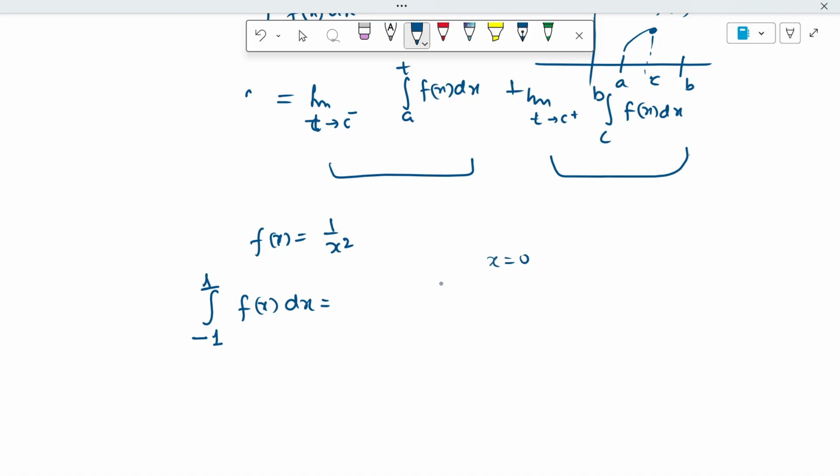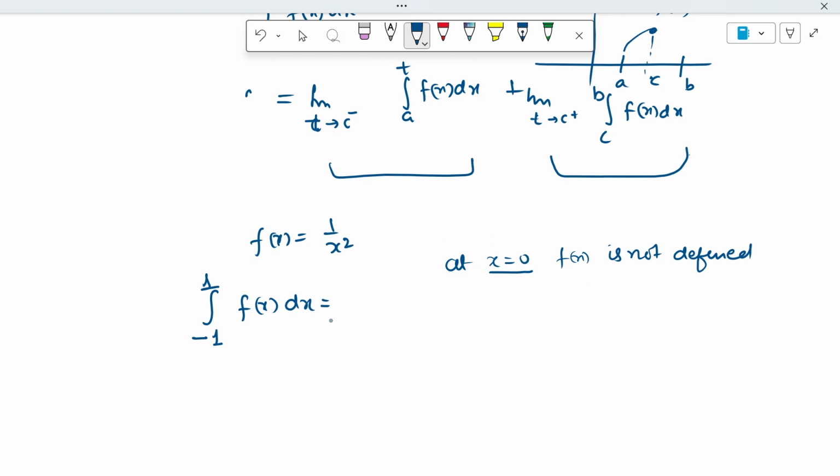Basically at x equal to 0 this f(x) is not defined. Okay, so this is the category, and this 0 value, means x equal to 0, is in between -1 to 1.